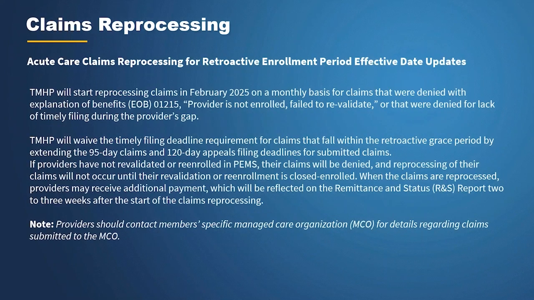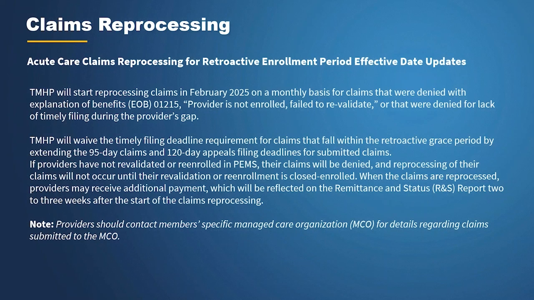Beginning on January 17th, TMHP will begin reprocessing claims for providers whose enrollment gaps for dates between November 1st, 2023 and December 12th, 2024 are closed after their enrollment record is active again.